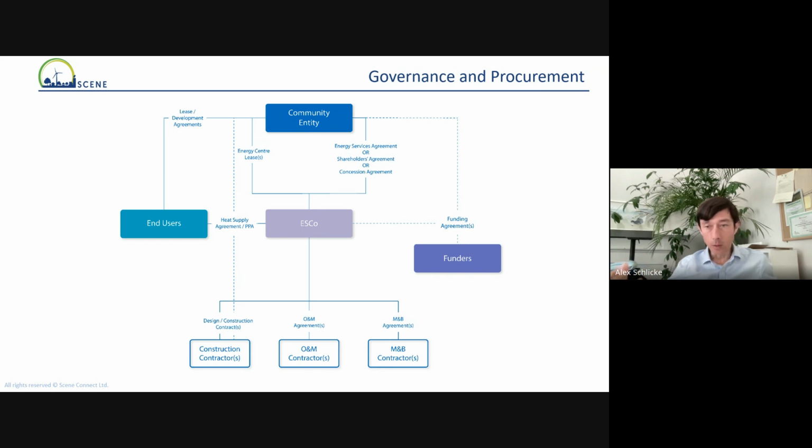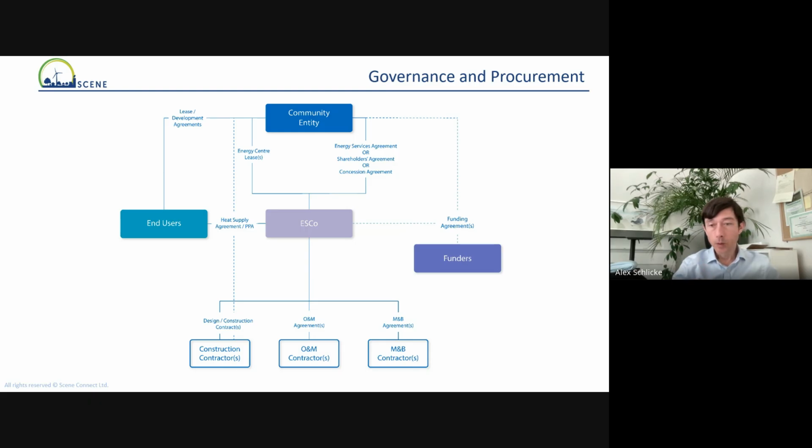So there needs to be an understanding of the financial relationships on the one hand, and then you have the end users on the other side, whoever will be using the energy services you're providing. And indeed you'll have a contractual relationship with, potentially, the landowner or the roof owner or so on. These are people you'll need to have lease agreements, development agreements or supply agreements with, and so on.